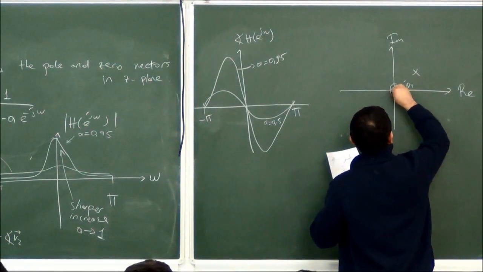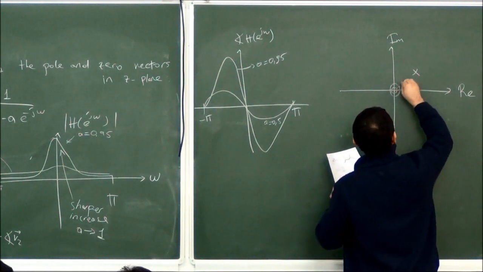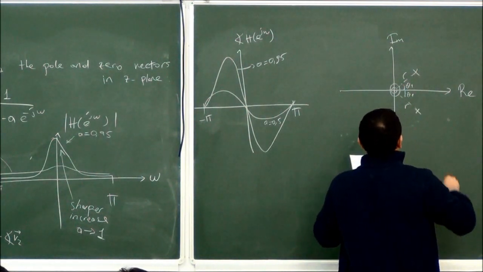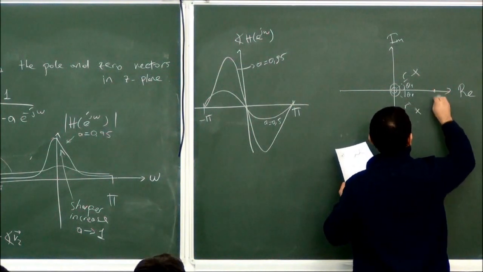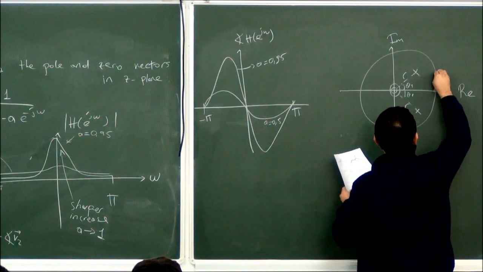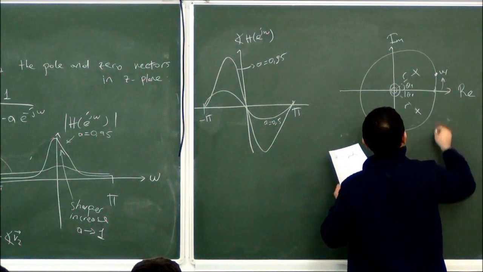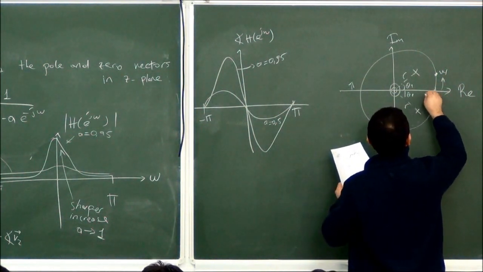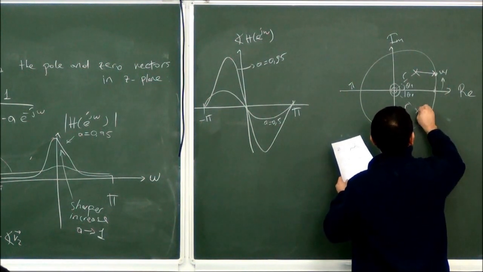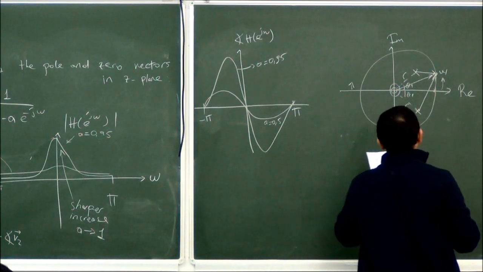The angle of these poles is theta 1, and the distance of these poles is simply r. Okay. So this is, let's say, the unit circle, and let's say this is point omega. So you're going from 0 to pi in the counterclockwise direction. And these are the vectors. This is a pole vector, this is another pole vector, and this is the zero vector, but there is a double zero at the origin.